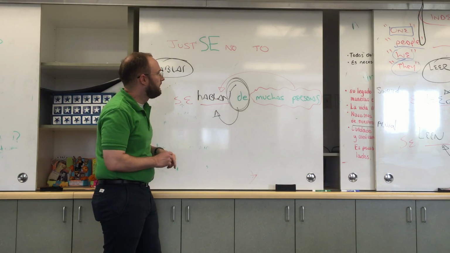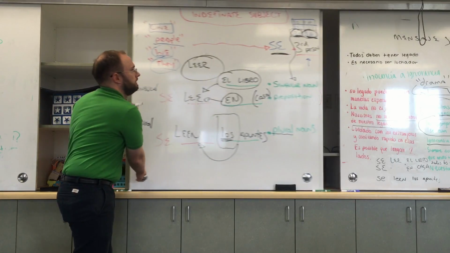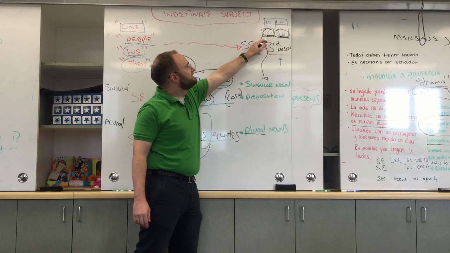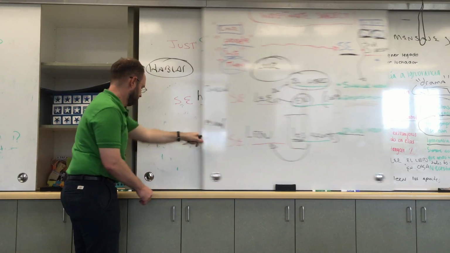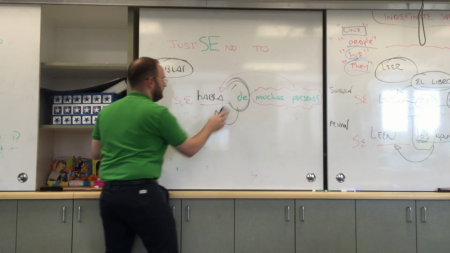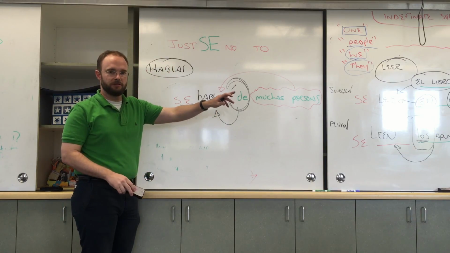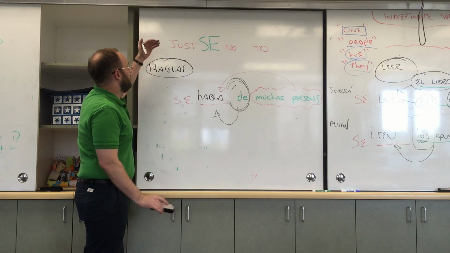So instead of hablan, we need to use that third person singular, which is going to be habla. Se habla de muchas personas.